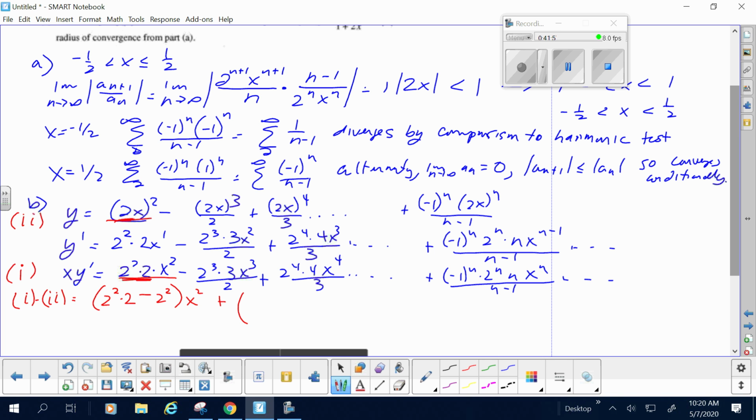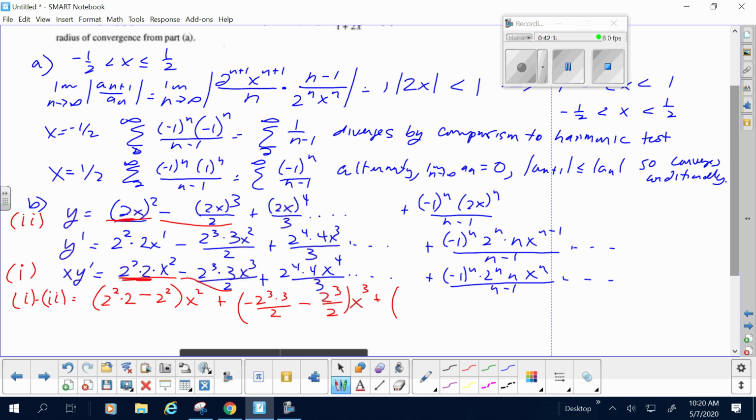Plus this guy, so negative 2 cubed times 3 over 2 minus 2 cubed over 2 x cubed. Maybe I'll do one more.